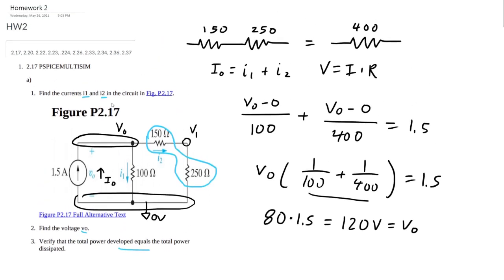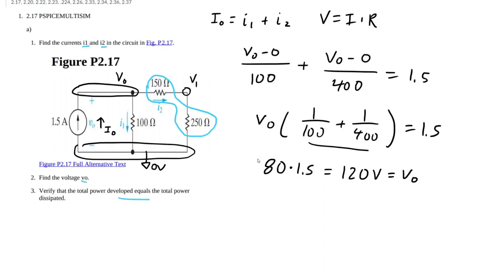So we found VO kind of in reverse from what the problem was asking for, but we can find all this information the same way, because once you solve for one thing in these circuits, you just plug and chug.